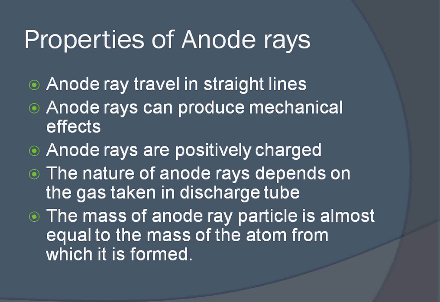If you want to prove this, you can use the proof we already gave in the last session for cathode rays. Anode rays are positively charged, and the nature of the anode rays depends on the gas taken in the discharge tube. Last but not least, the mass of an anode ray particle is almost equal to the mass of the atom from which it is formed.